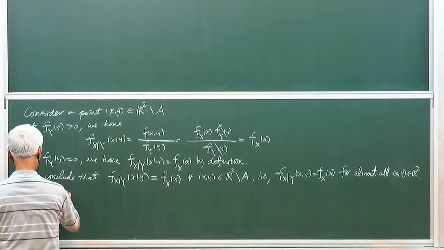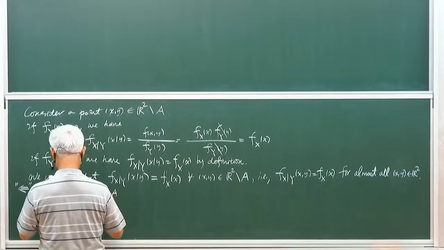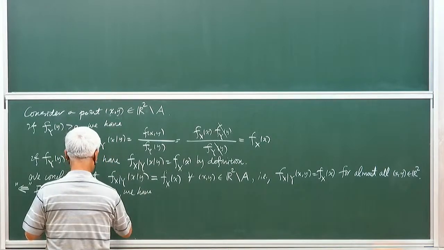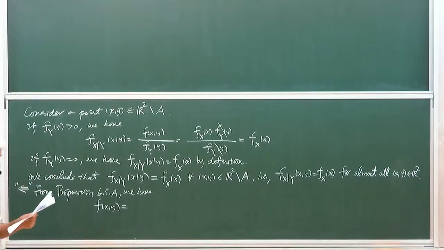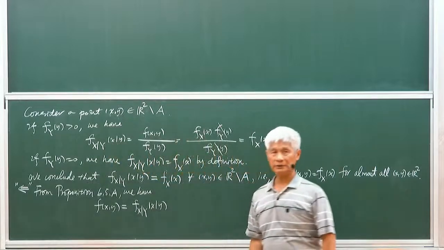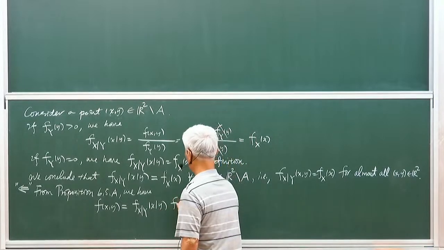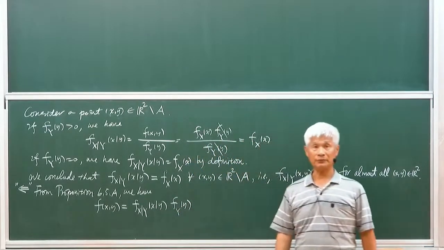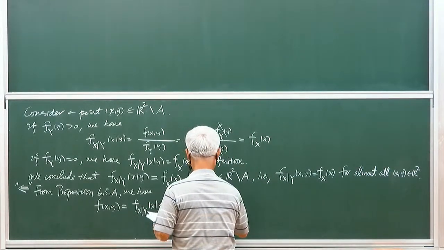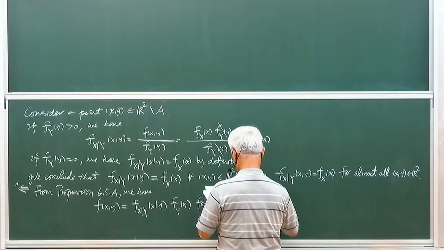Now, from proposition 6.5.8, we have that the joint PDF f of xy is equal to the conditional PDF of random variable X given random variable Y has value y, times the marginal PDF of Y. And this equality holds for almost all xy in R squared.